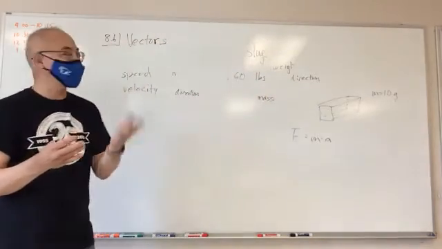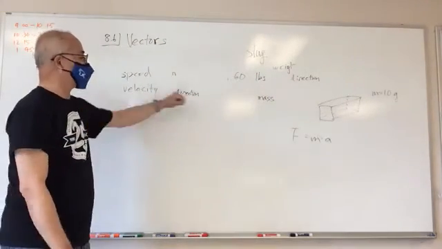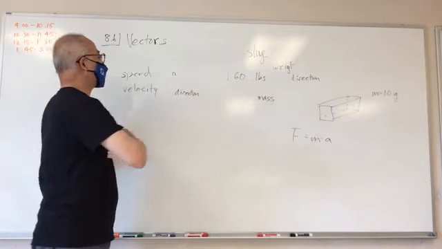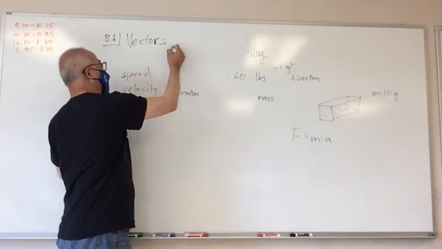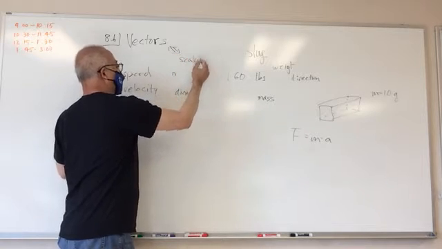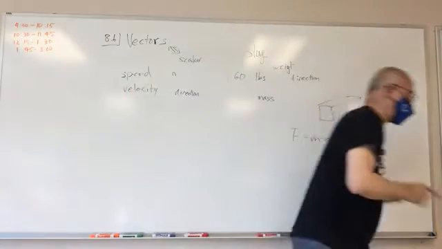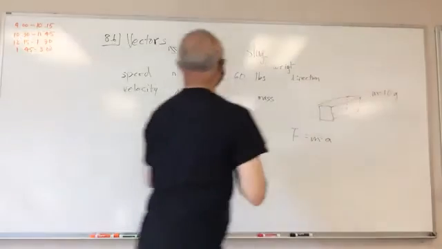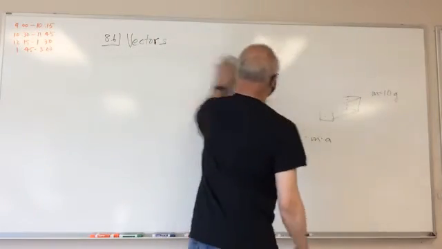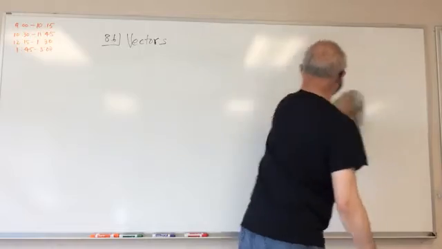Remember, a vector has direction, and the opposite of a vector is a scalar, which does not have a directional component. All right, we've spent enough on that. So now let's go back to the book.